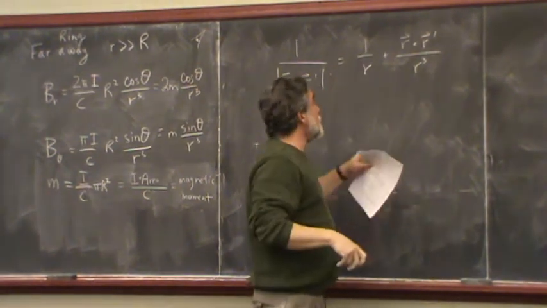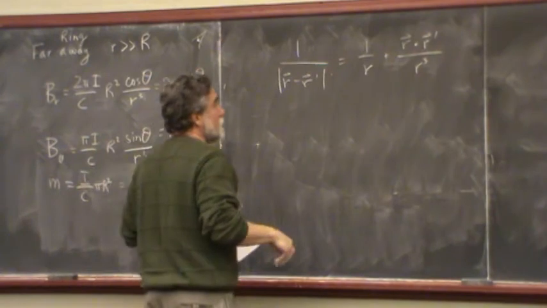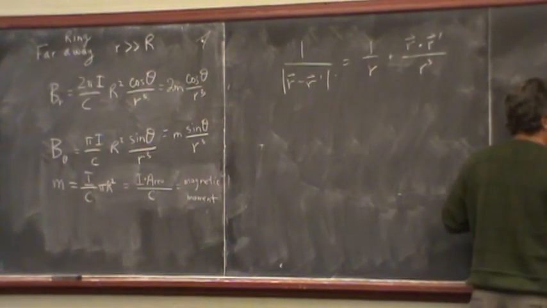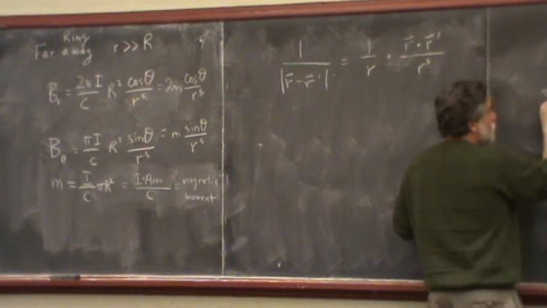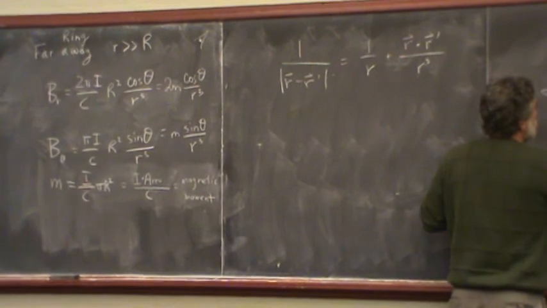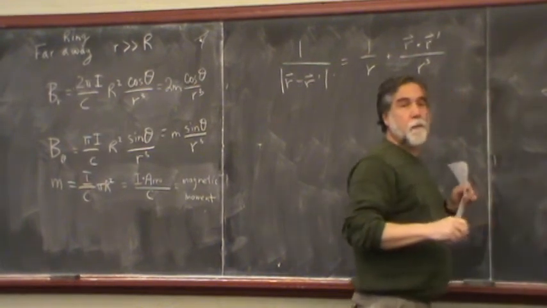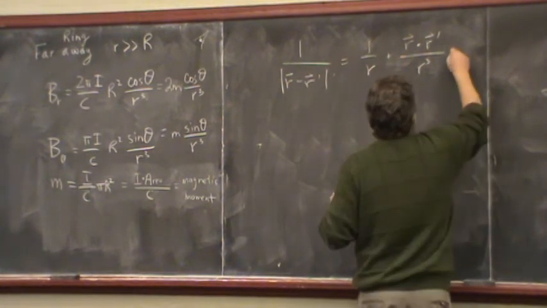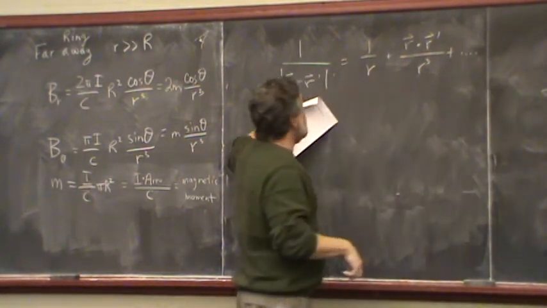The reason I can do that is that I'm going to start thinking about this as a little tangle of wire and current, like so, and the observer far away. So the distance to the center of the distribution is r, plus other terms. I can expand this.